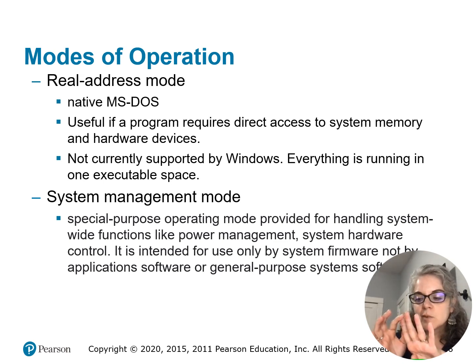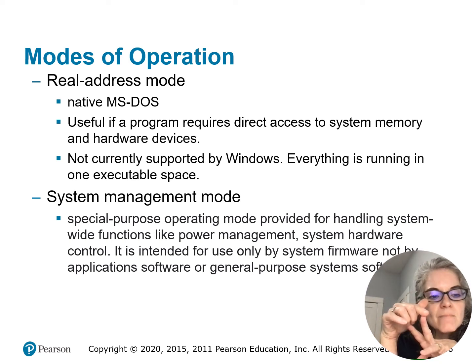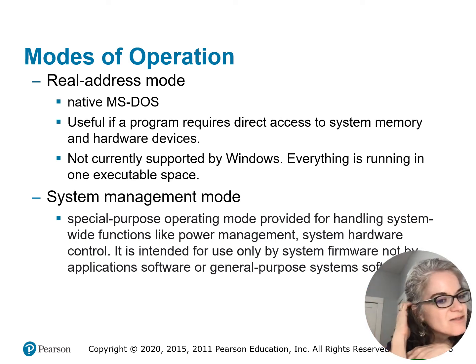And if one of those processes, for some reason, writes on top of the address that's running another process, it's going to crash that process. And so protected mode, which is on the next slide, segments memory, and it has a space for each of the processes.